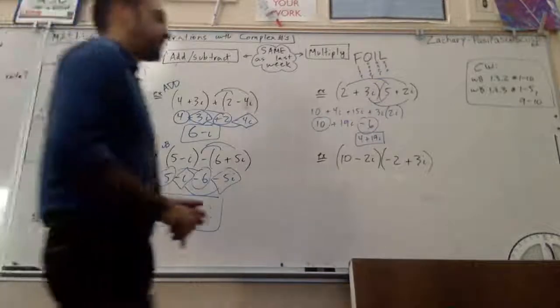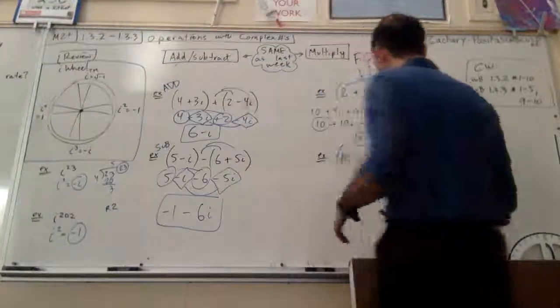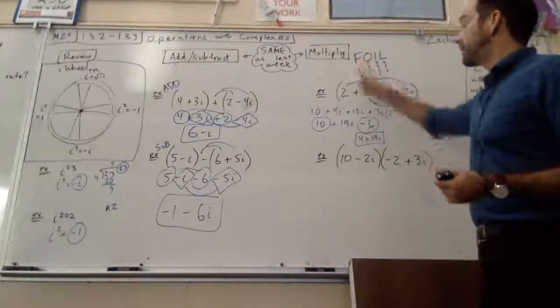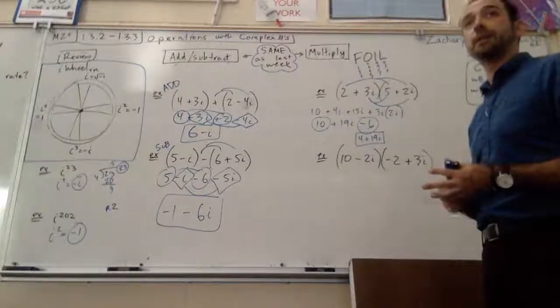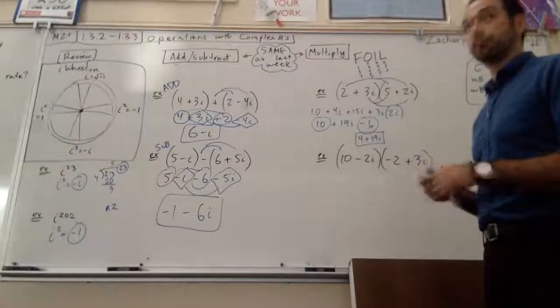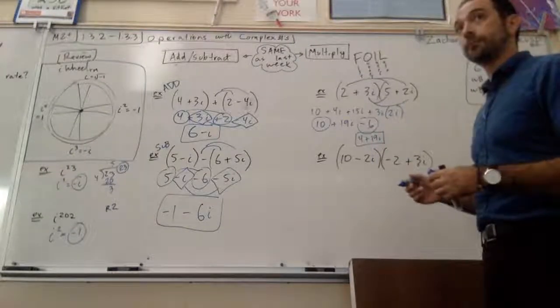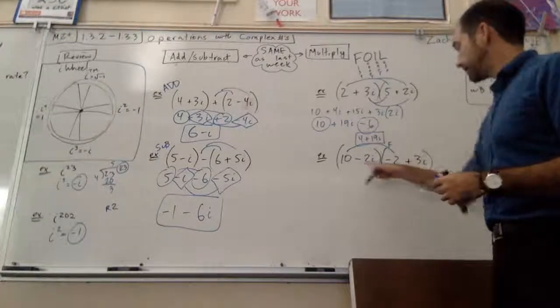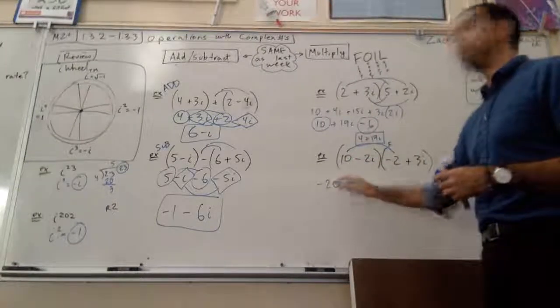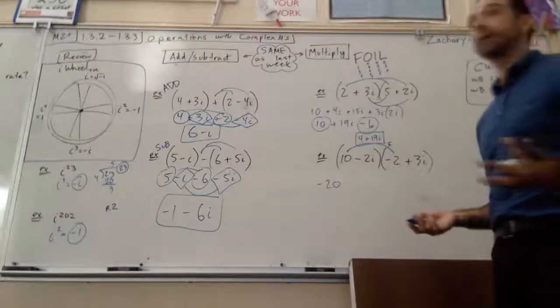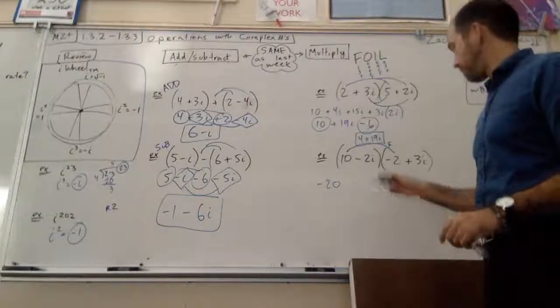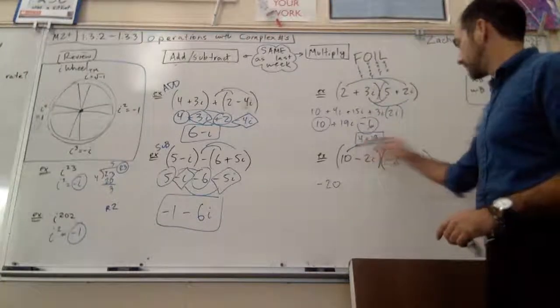Okay. So we're going to use FOIL. Christopher, help me out with our first step using FOIL with this one here. What's the first step? 10 times negative 2, first, and we get negative 20. Perfect. Elizabeth, what is next? 10 times 3i.